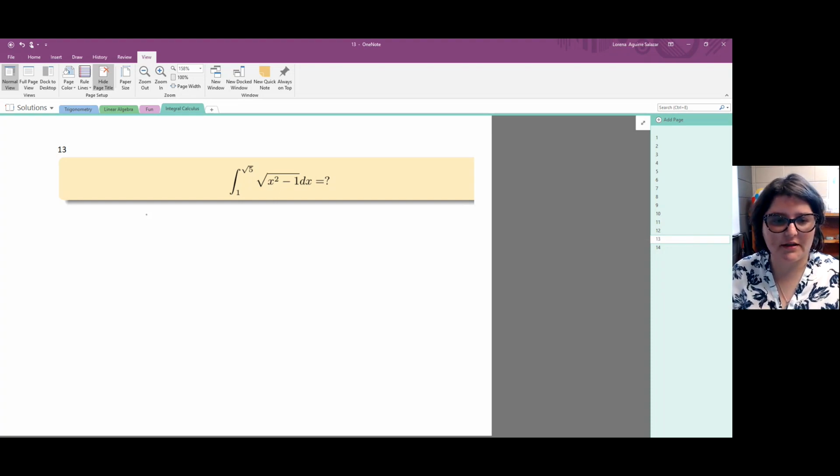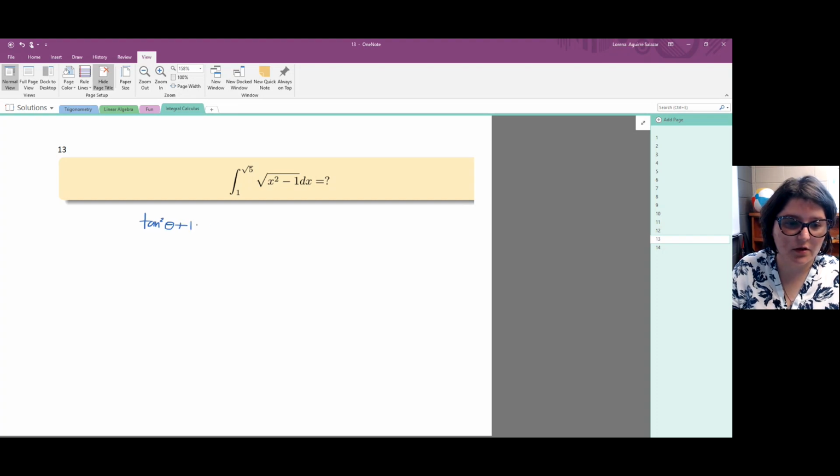The trigonometric identity we're going to use to introduce a substitution is the following one. Notice that we have tangent squared of theta plus 1 equals secant squared of theta. So secant squared of theta, take away 1, is equal to tangent squared of theta.